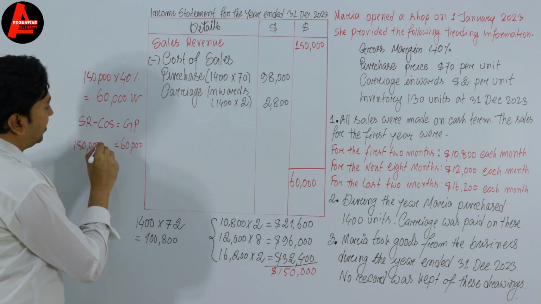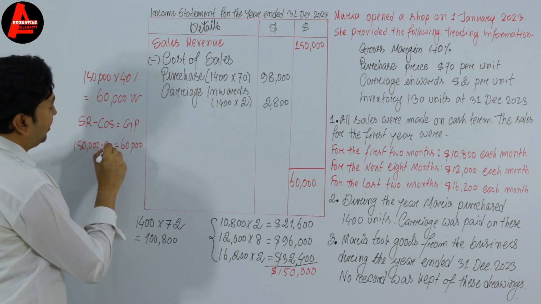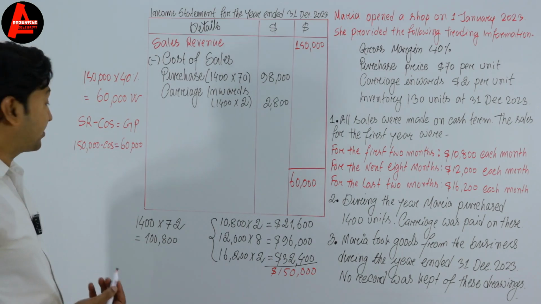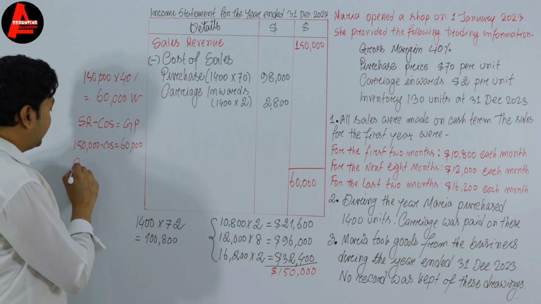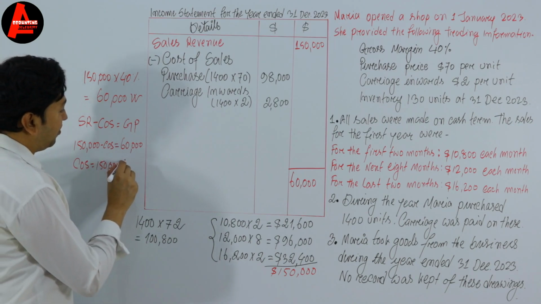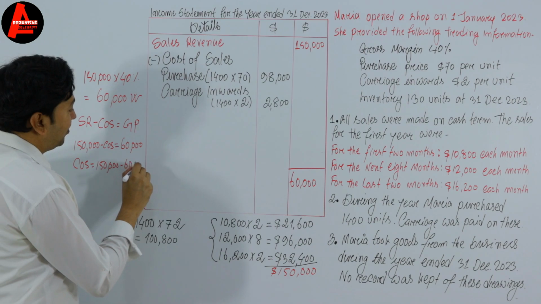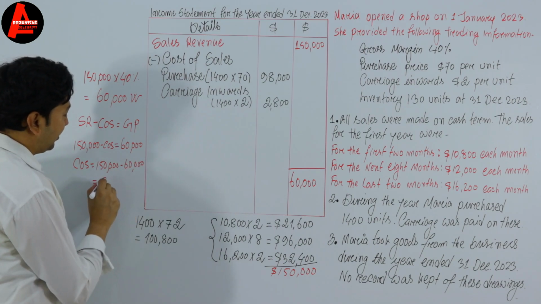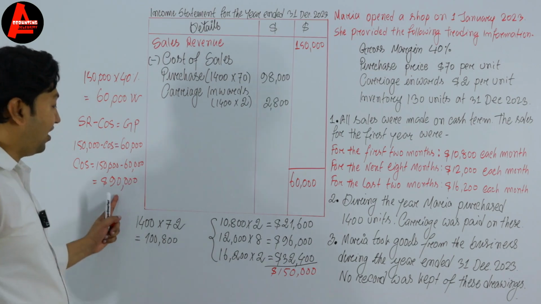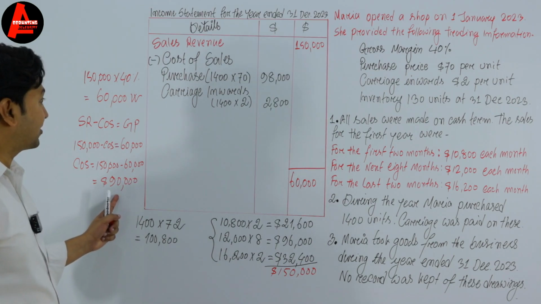Okay, now what will be the cost of sales? Okay, so to calculate our cost of sales, we need to subtract $60,000 from $150,000. Okay, so we get here $90,000. This is our cost of sales.